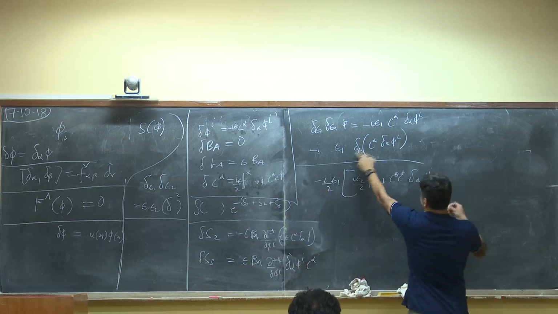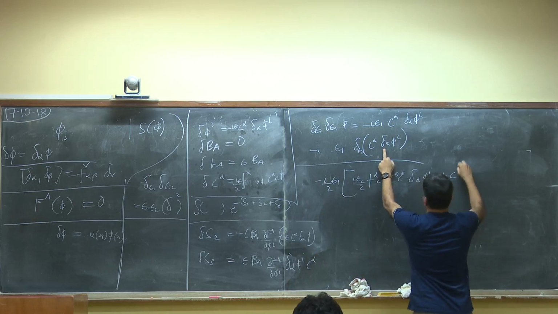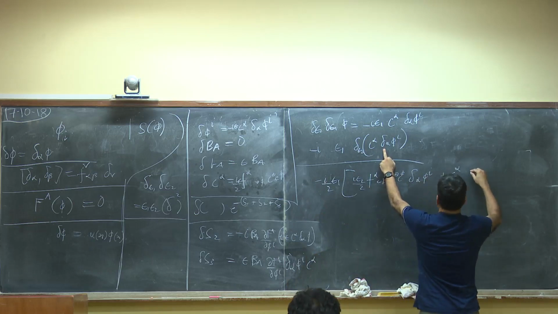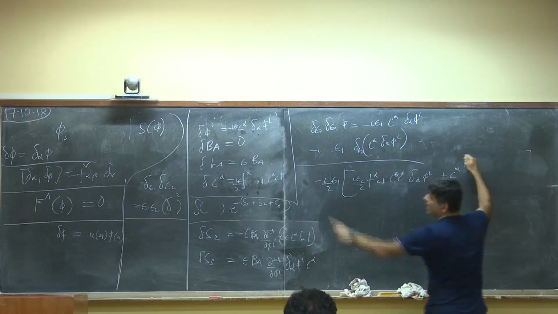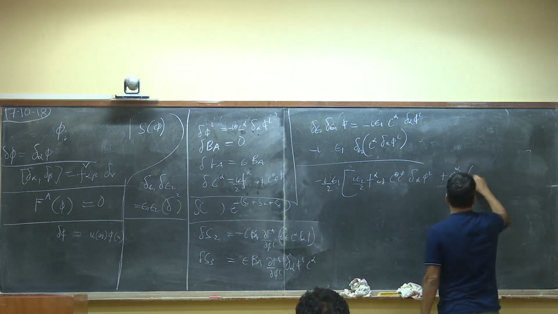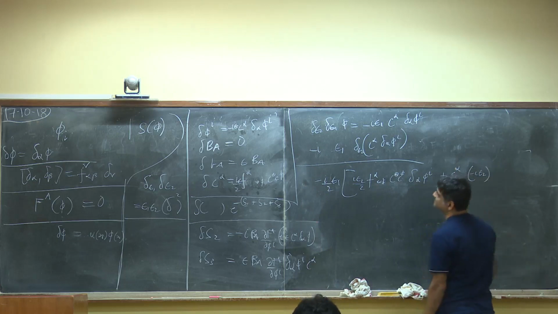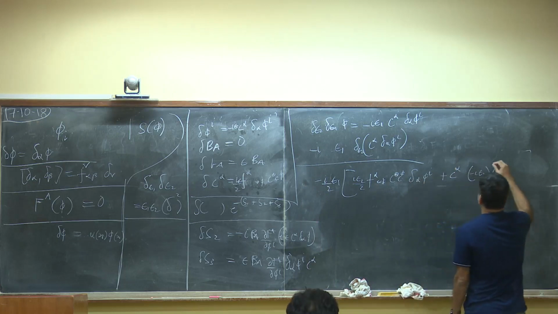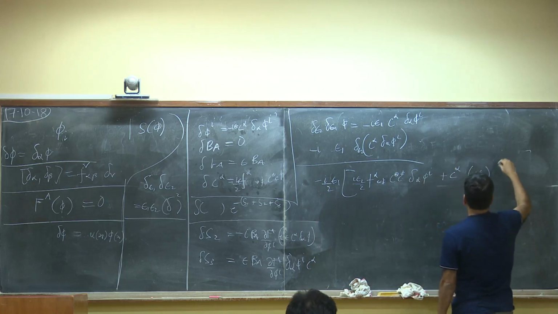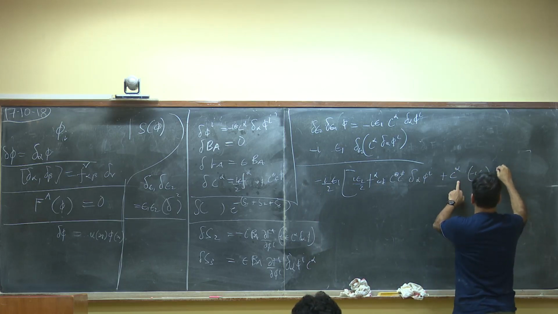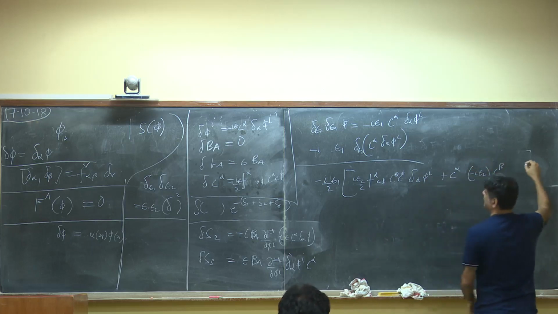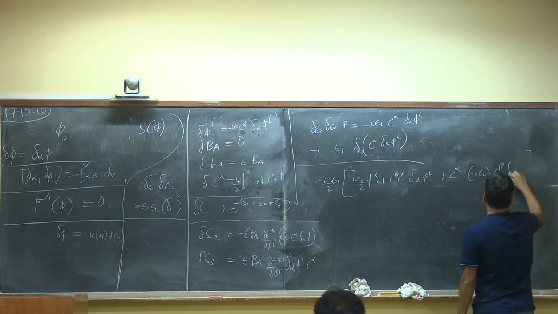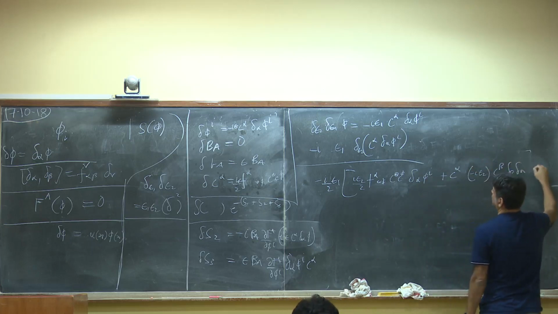And then the other one, which is C alpha, and now we will have delta minus i epsilon 2 C beta delta beta delta alpha phi i.